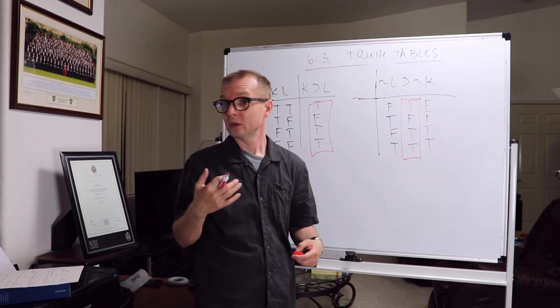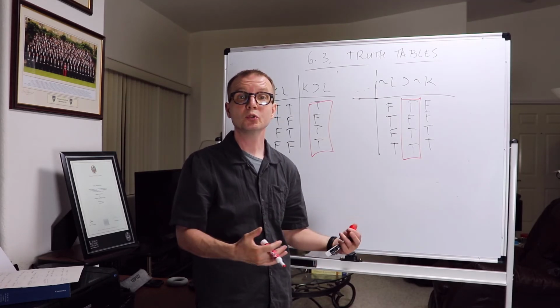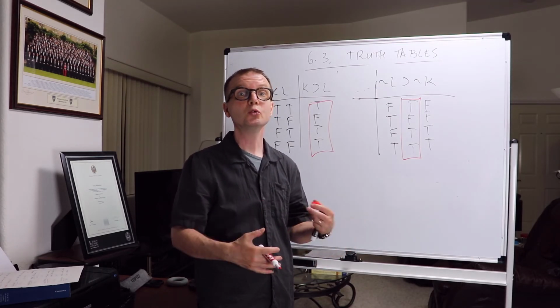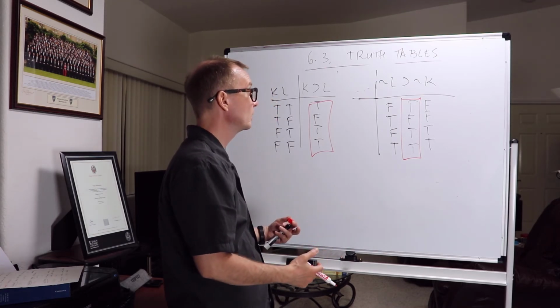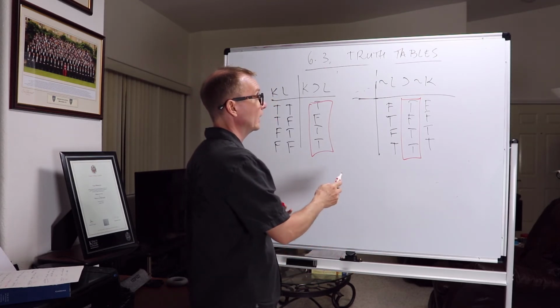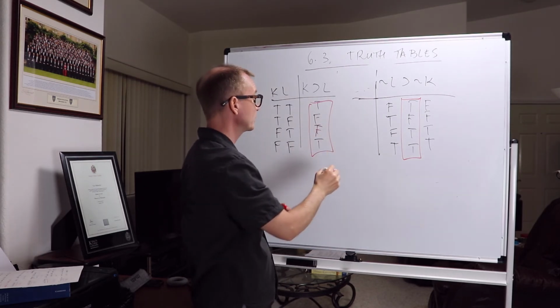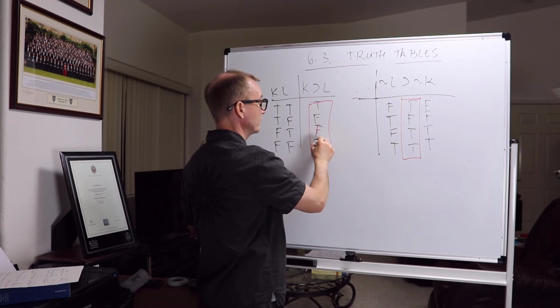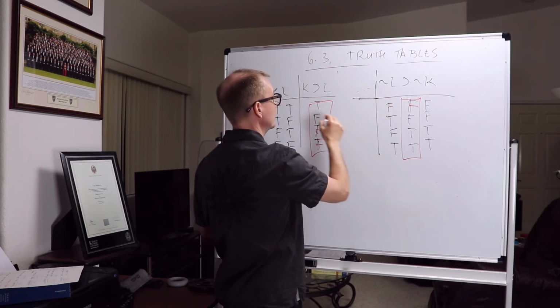Now, the other situation could be a contradiction. If you do two statements and they do not have truth in the same position at all, like for example, this one has true here, this would have false here, this one has true here, this would have false here, and this one would have false, for example, here.